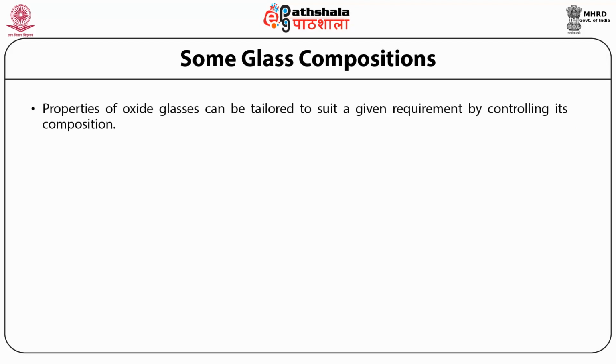Properties of oxide glasses can be tailored to suit a given requirement by controlling their composition. The basic constituents of a silicate glass are SiO2, Na2O, and CaO. As an example, in fiberglass, Na+ can react with moisture and degrade the glass.